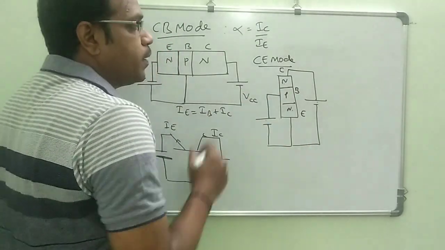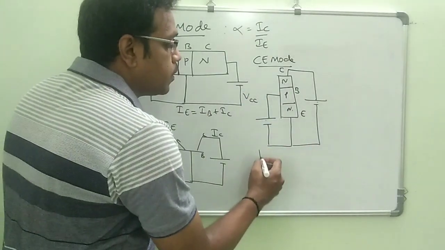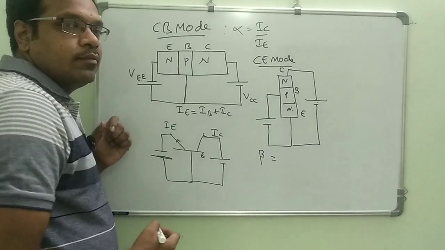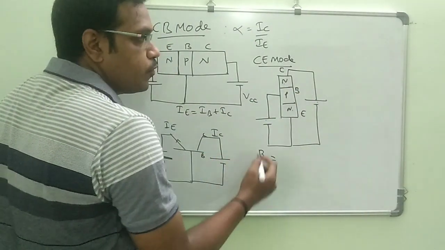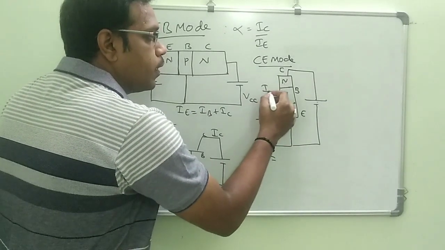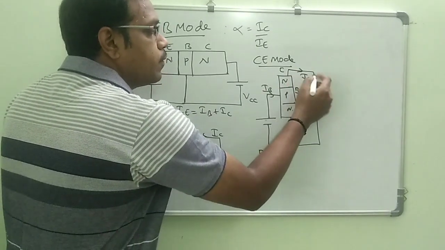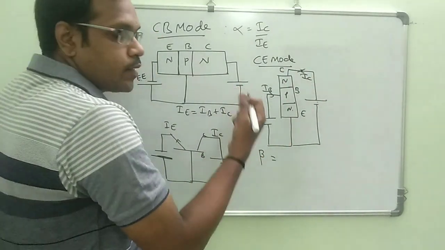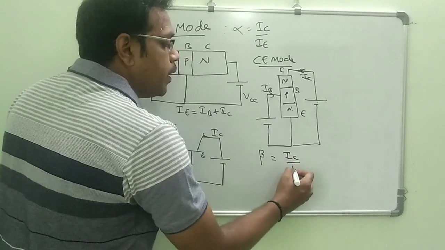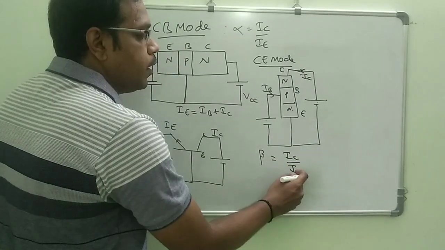This is common emitter mode. What is the relation for the current gain? We give the input here, and we get the output from the collector side. So always output by input: IC by IB.